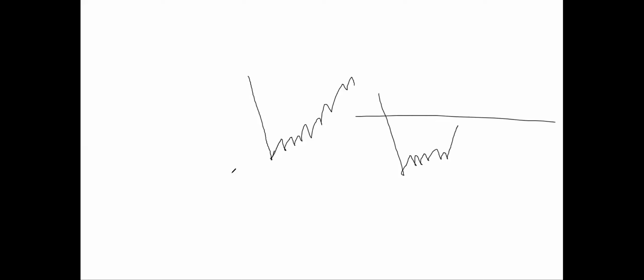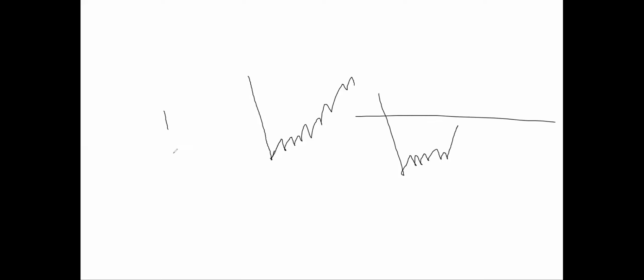Okay, so if I see a nice impulse, price must range before it gets to the combo point. Not range here, it must range around here, then I'm happy to get in a combo trade.